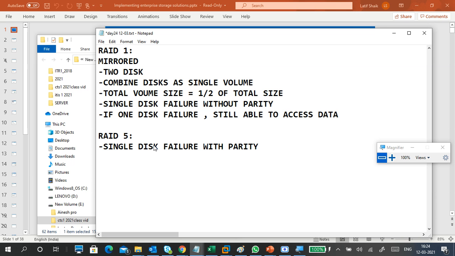So using the parity bits, it regenerates the data. Okay. So the accessible volume is 2 by 3rd of the total size. Accessible volume is 2 by 3rd of the total volume.